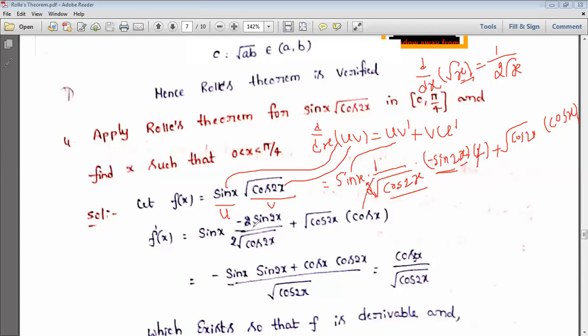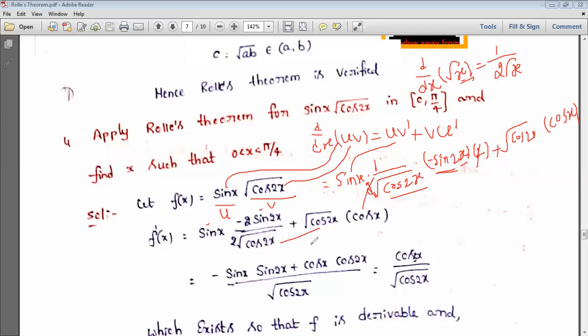And simply what I get in the numerator is minus sin x into sin 2x plus cos x as it is. And next, if you see here, root a into root a is nothing but a, right? In the same way, square root of cos 2x into square root of cos 2x, we simply write as cos 2x, over square root of cos 2x.